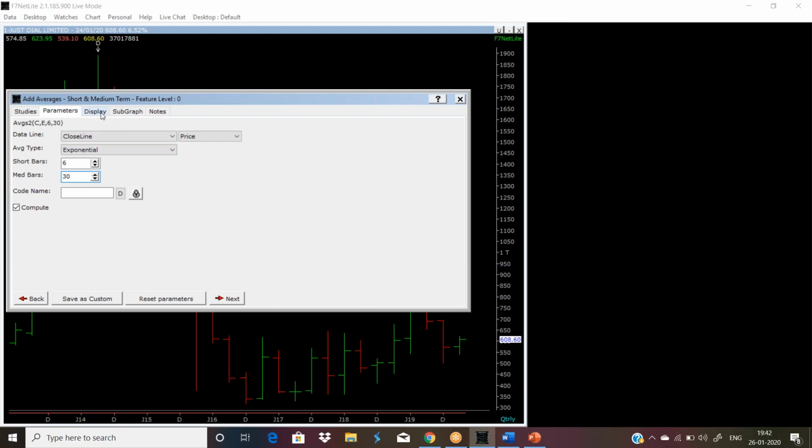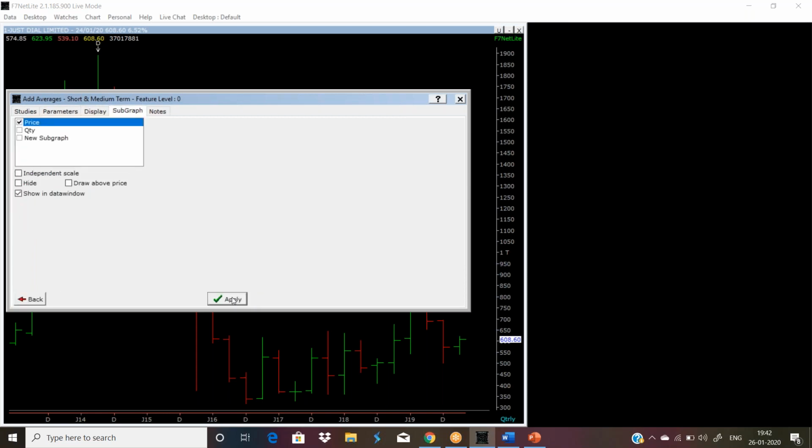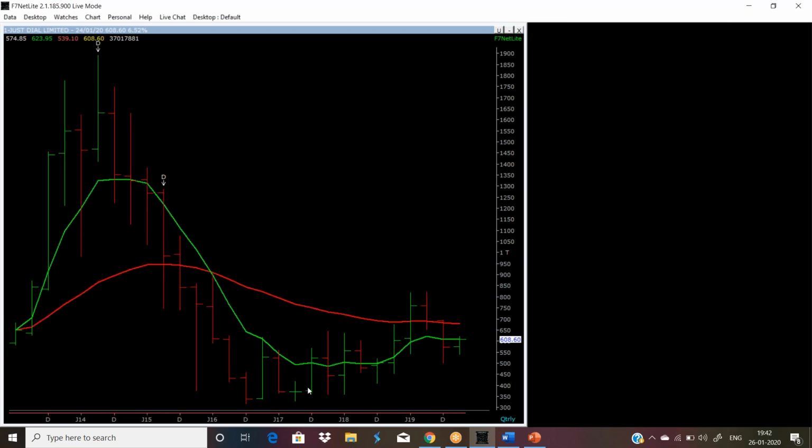Here you can increase the thickness. Whatever value you get, the green line stands for EMA of 6 and the red color line shows EMA of 30. This is EMA 6 and this is EMA 30.